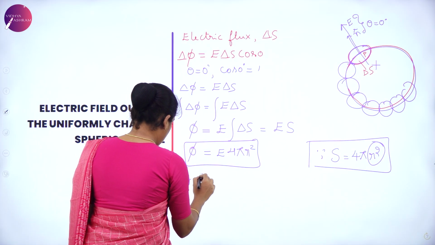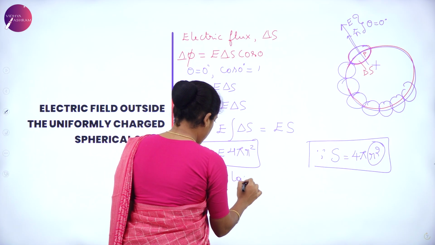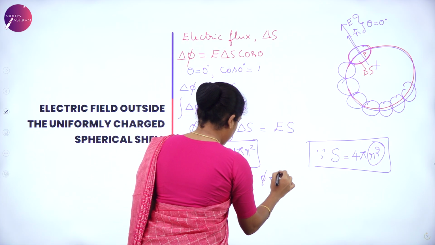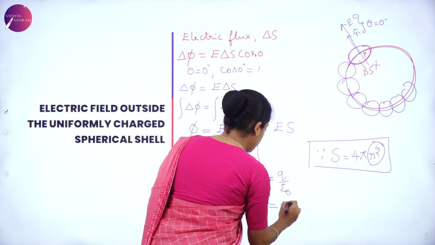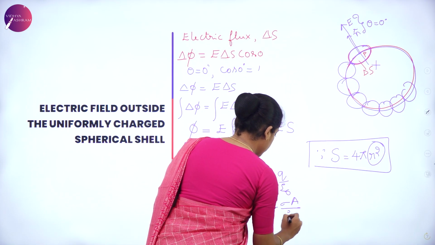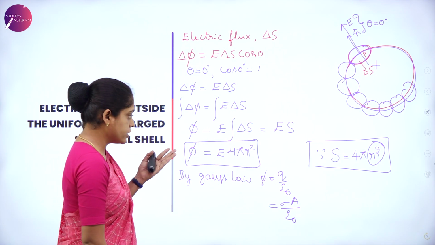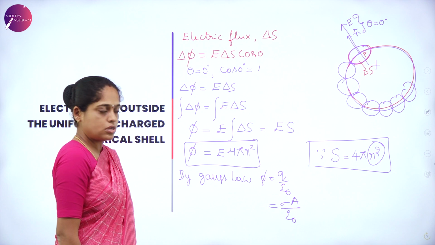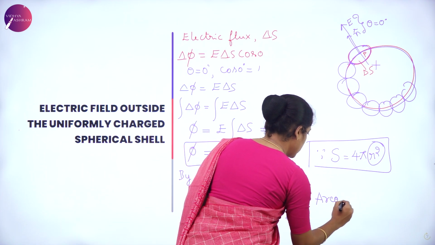Next, let us apply Gauss law. By Gauss law, flux is equal to Q by epsilon naught, and Q is equal to sigma A. As per the second application, you know how to calculate the charge enclosed by the Gaussian surface. A is the area of the spherical shell.